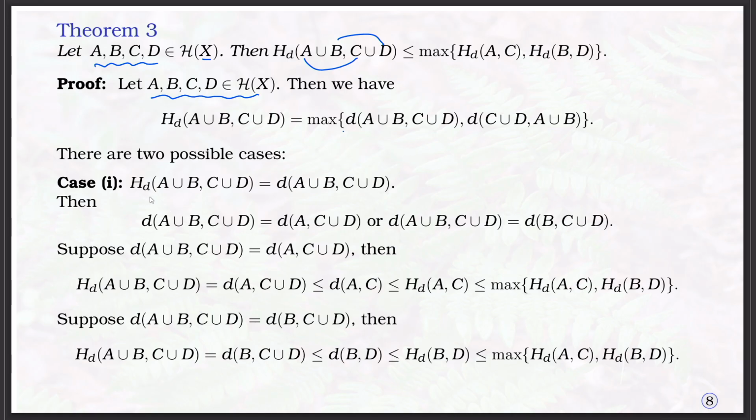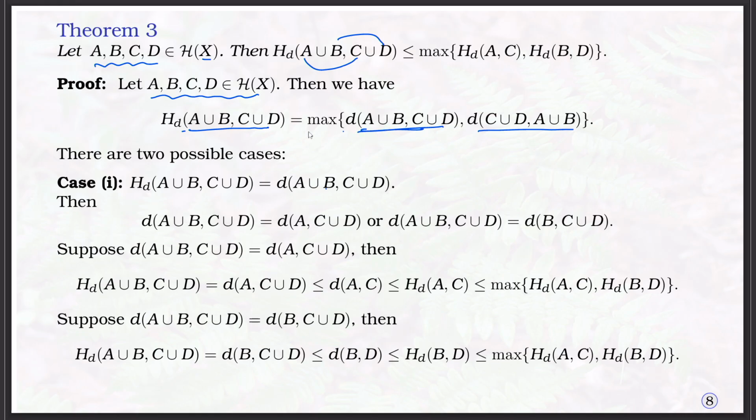The Hausdorff distance between A union B and C union D equals the distance between A union B and C union D. This is one case. The second case is that the Hausdorff distance between these two elements equals the other one. Let us discuss the first case.